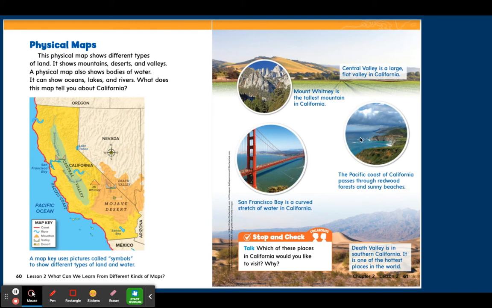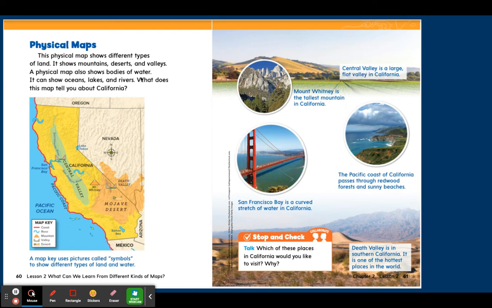Remember I said it's where the land meets the water. San Francisco Bay is a curved stretch of water in California. So this is San Francisco. Okay, Death Valley in Southern California. It is one of the hottest places in the world. That's why it's called Death Valley.